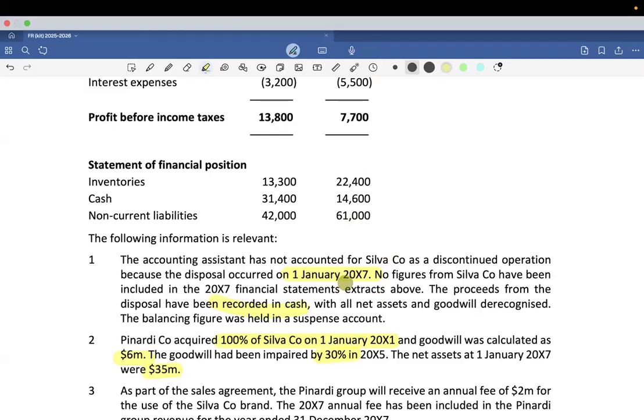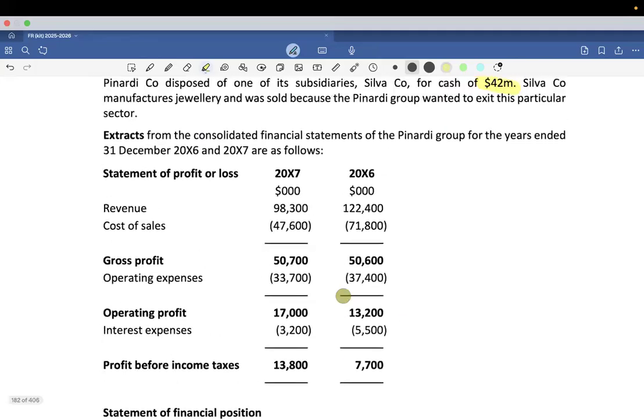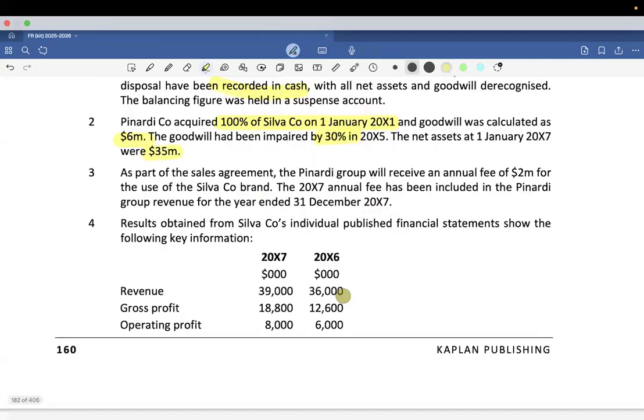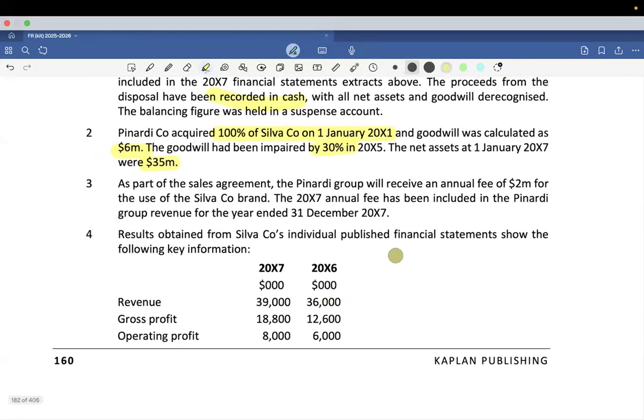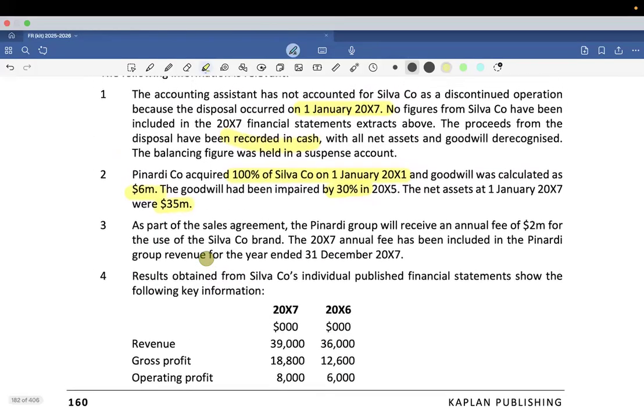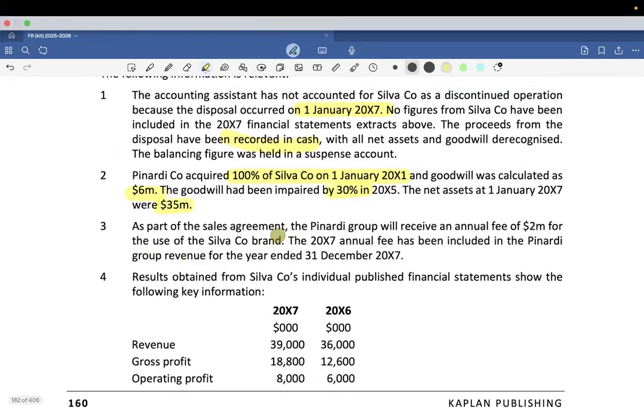As part of the sales agreement, Pinadi Group will receive an annual fee of 2 million for the use of Silva Company brand.